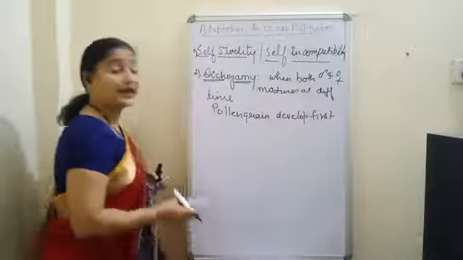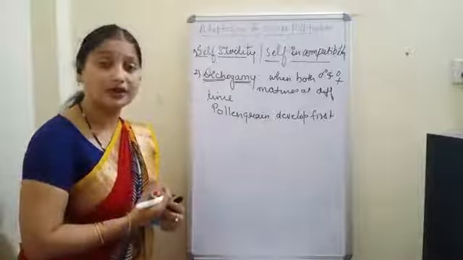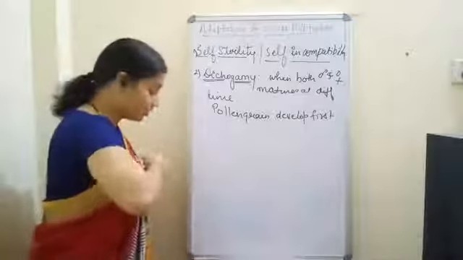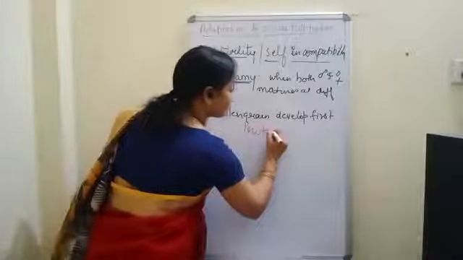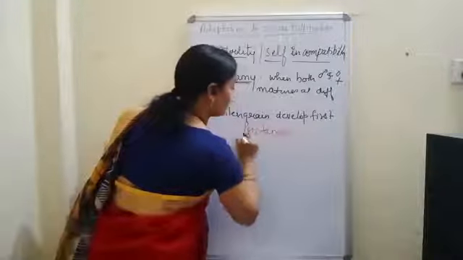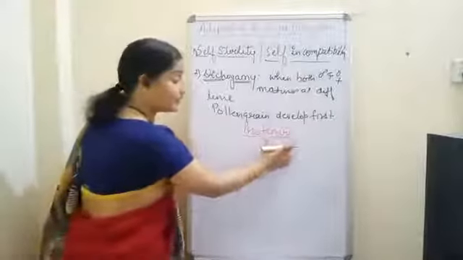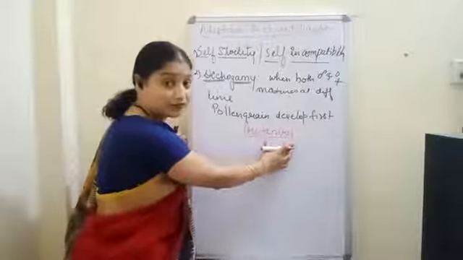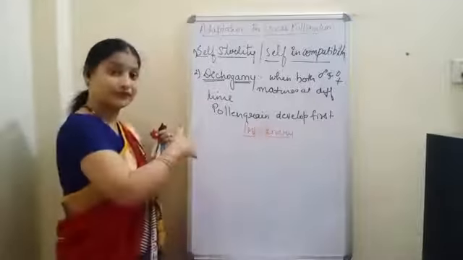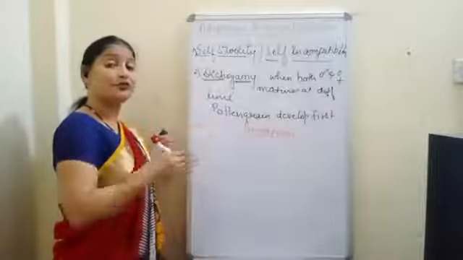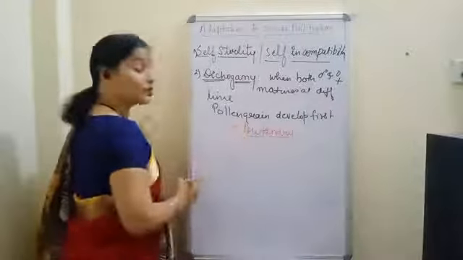If the pollen grains develop first, then the condition is called protandry. Protandry. Pro means previous, andry means from the androecium. If the growth of the androecium is before the growth of the gynoecium, then the condition is called protandry.